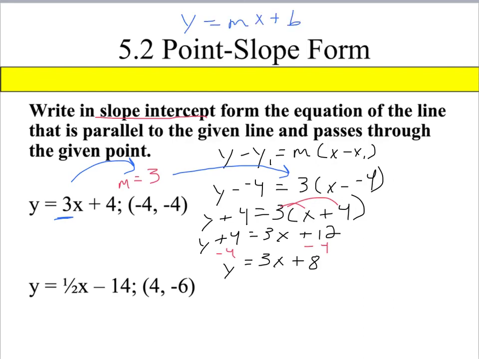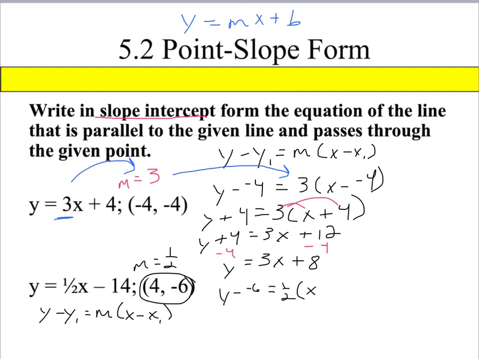Okay, the second one: what's my slope in the equation y equals half x minus 14? What's the slope? Half. So I plug that into my point slope form because I have my point and I have my slope: y minus y1 is equal to m times x minus x1. Plug that in and you get y minus a negative 6 is equal to half times x minus 4.